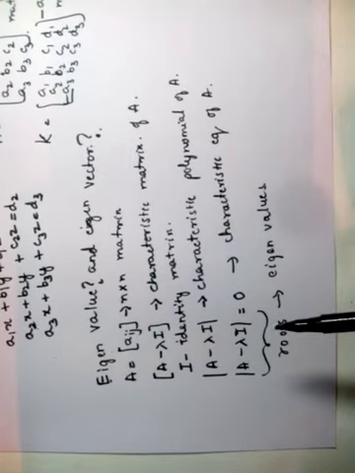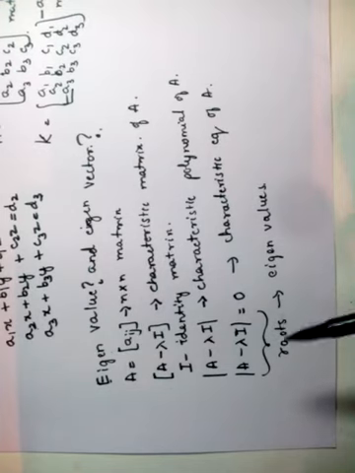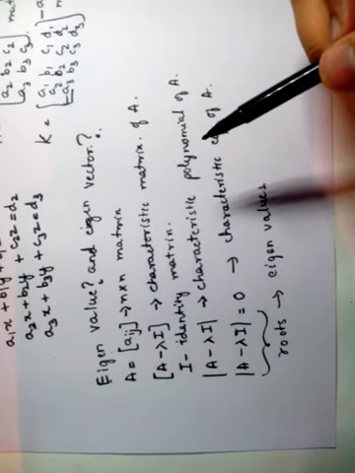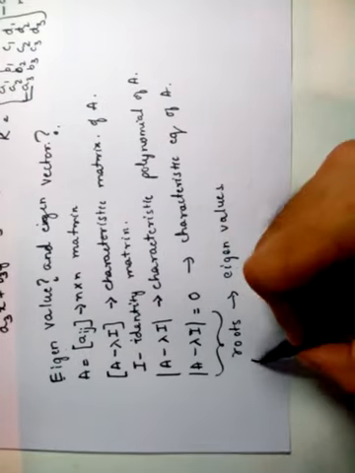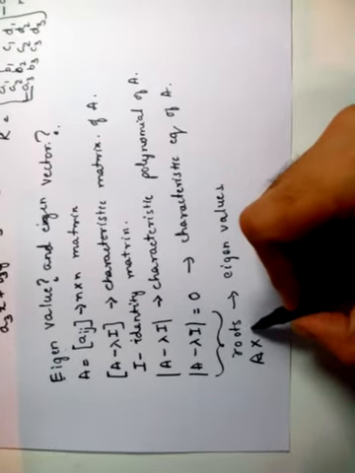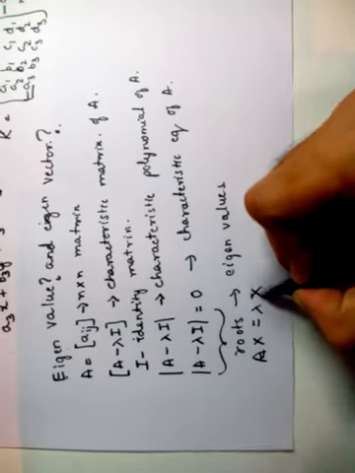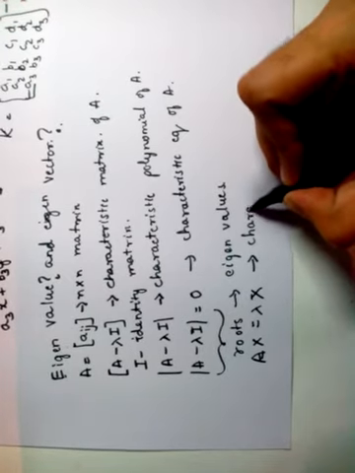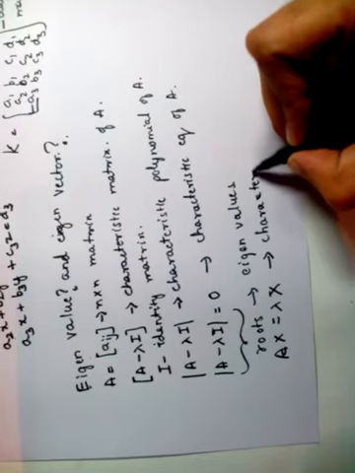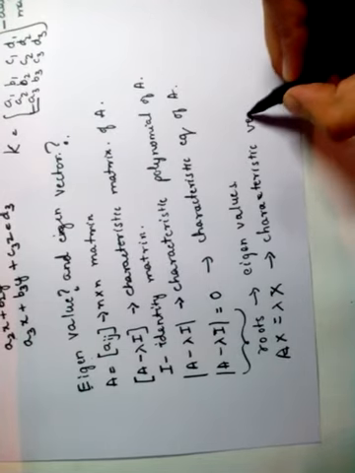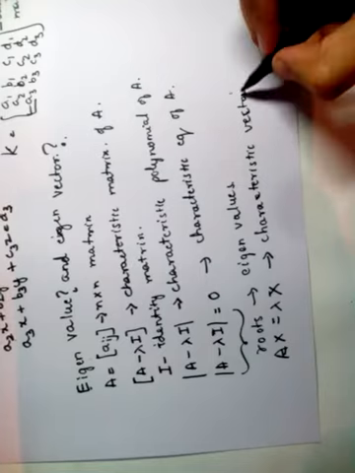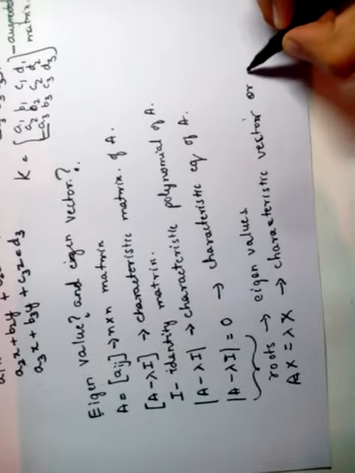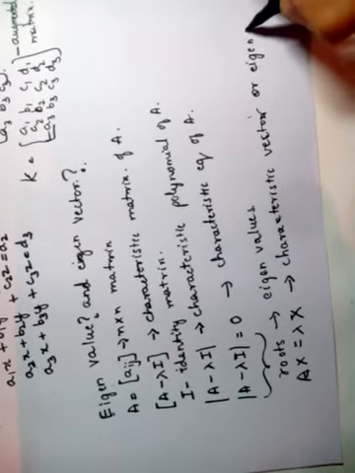If lambda is a characteristic root or eigenvalue of an n cross n matrix A, then a non-zero vector x such that A x is equal to lambda x is called the characteristic vector or the eigenvector.